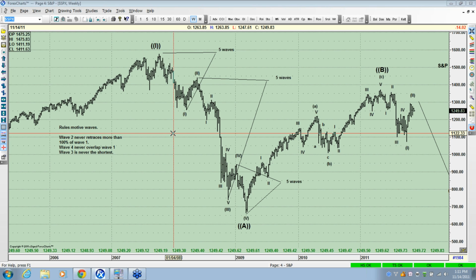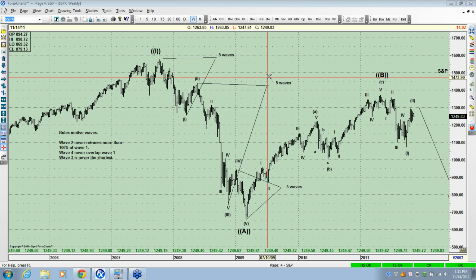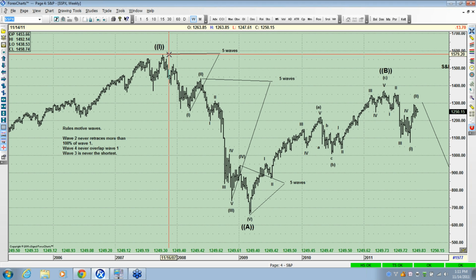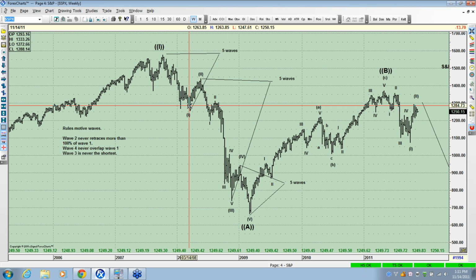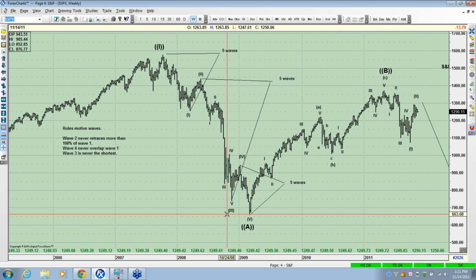Now, what we're going to do here is take a chart of the S&P. This is the S&P on the daily chart. The S&P on the daily chart is showing a very nice and well-structured Motive Wave. A Motive Wave, as we're trying to subdivide, is a 5-wave swing.